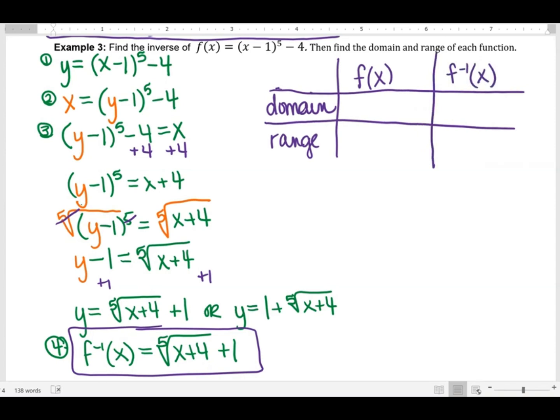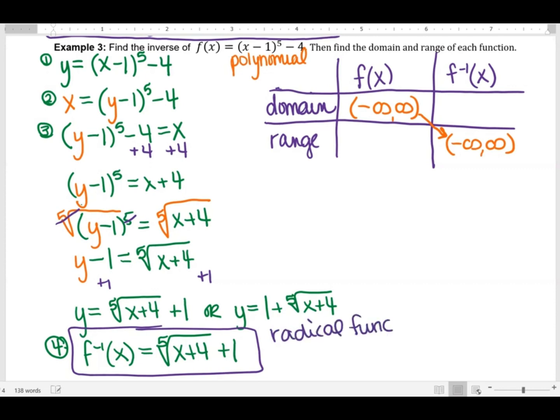Okay, so our original function was a polynomial. And we know the domain of a polynomial is negative infinity and positive infinity. And if we found the domain of the original, we found the range of the inverse. Our inverse function is a radical function. Remember, radicals with the domains fall into 2 categories: the index is even, or the index is odd.